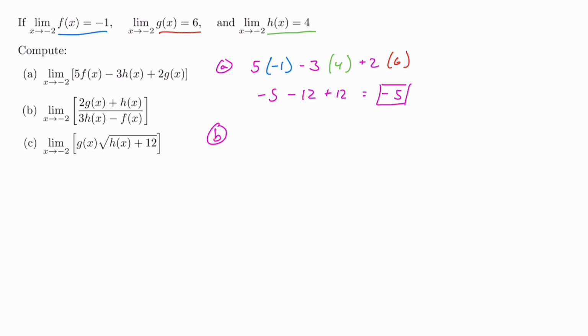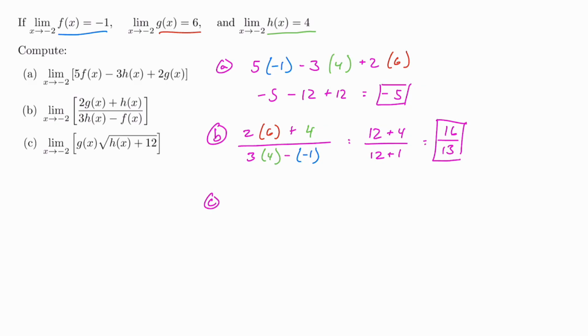For B, we have 2 times g of x plus h of x divided by h of x, 3 times 4 minus negative 1. So this is equal to 12 plus 4 over 12 plus 1, so that is 16 over 13.